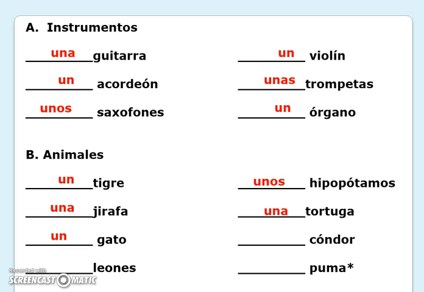Un gato, a cat. Un cóndor, masculine singular. Unos leones, masculine plural. Un puma, because there's an exception there. It looks feminine, but it's masculine. And unos canguros, for some kangaroos.